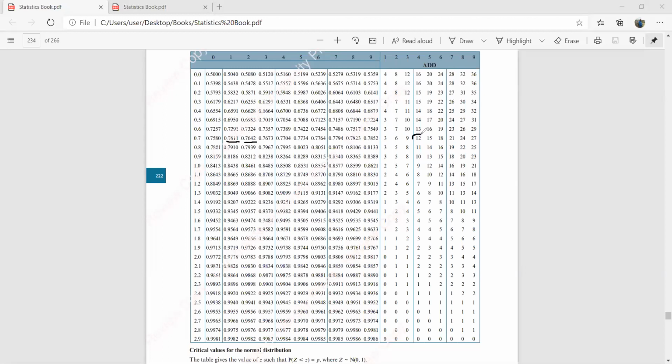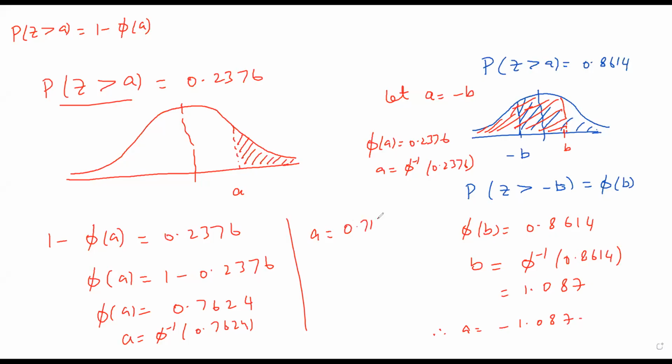So this is the nearest over here. This is going to be 0.714. Okay, this is the value.